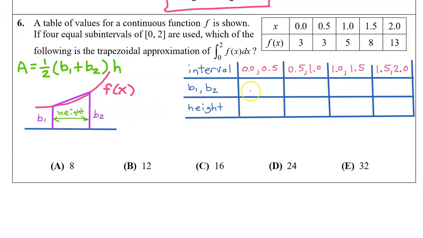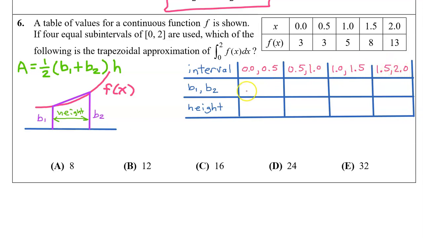We are going to find the area of 4 trapezoids using 4 equal subintervals between 0 and 2. So the subintervals will be from 0 to 0.5, 0.5 to 1, 1 to 1.5, and 1.5 to 2.